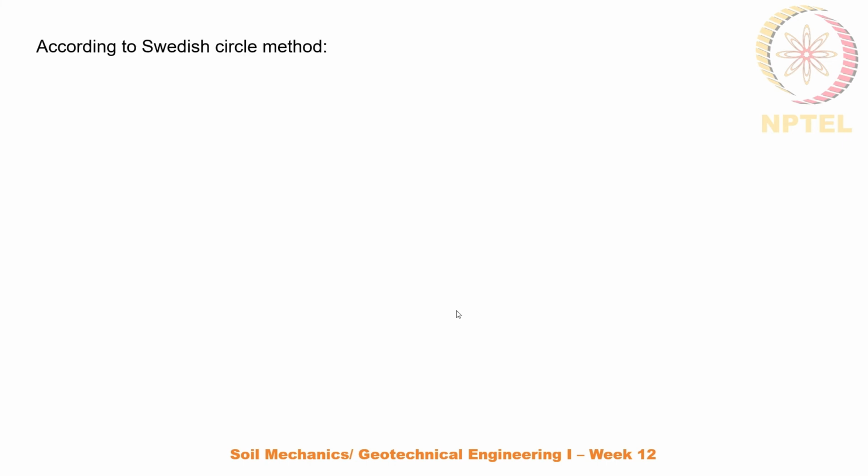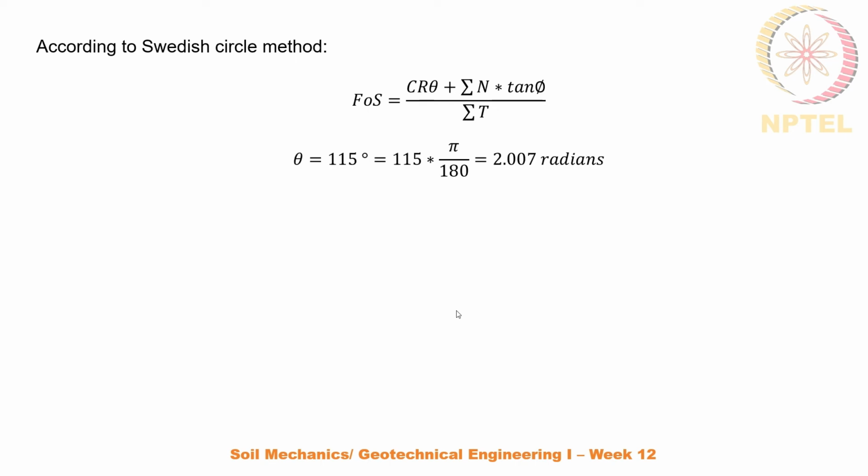So, according to Swedish circle method, factor of safety is given by C R theta plus sigma n tan phi divided by sigma t. So all the values are given here. We need to substitute. So here also we have to substitute theta in radians.